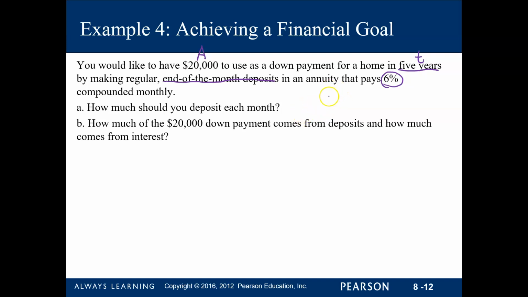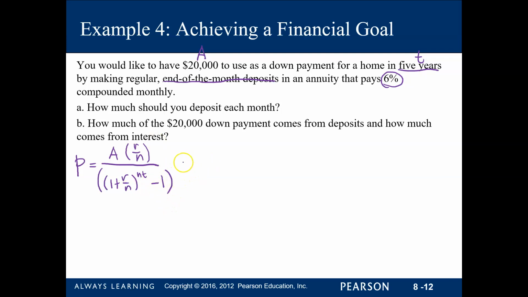So looking at our formula, remember the formula is P is equal to A times R over N, divided by, in parentheses, 1 plus R over N raised to NT, minus 1, bigger parentheses. That's how it would look.